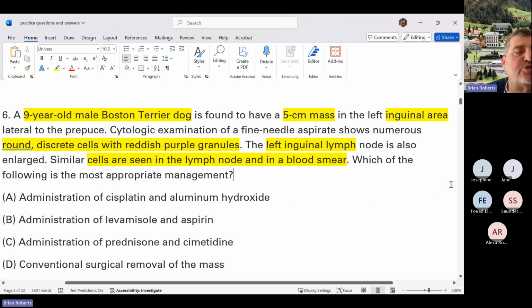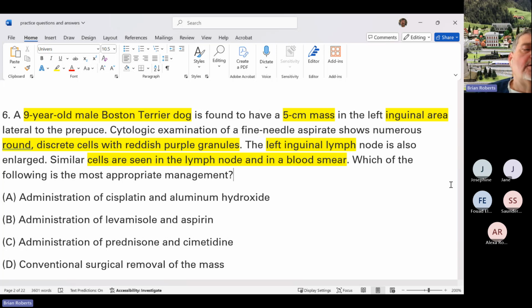So here, this is almost triple jeopardy, right? So number one, you got to figure out what the mass is. Number two, they've graded it for us, right? They've given us some information on, you know, when you're suspicious of cancer, one of the ways we prognosticate is through staging: where is it in the local lymph nodes? Has it spread to the lungs? We take an x-ray.